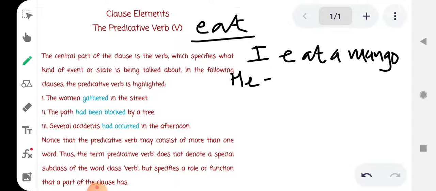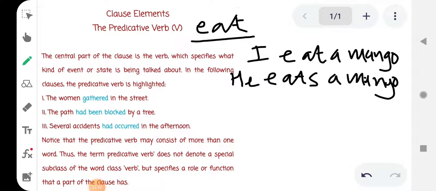He eats a mango. Now in the dictionary we cannot see eats as a verb. This is the change that has occurred to the principal verb eat when it is used in a sentence for a third singular person. So changes take place in the sentence depending on the person, plural or singular, whether it is first person or third person.